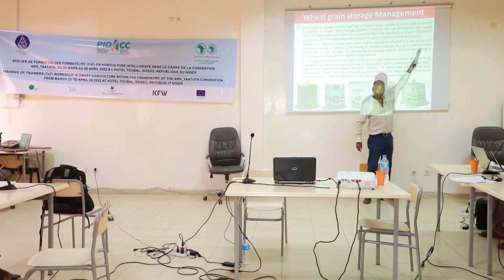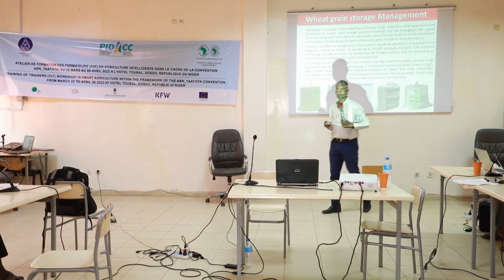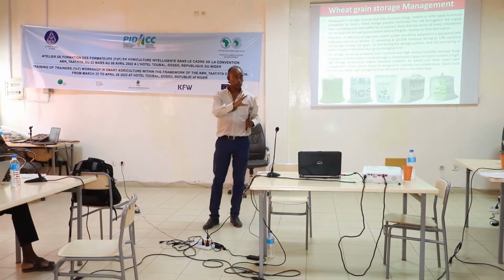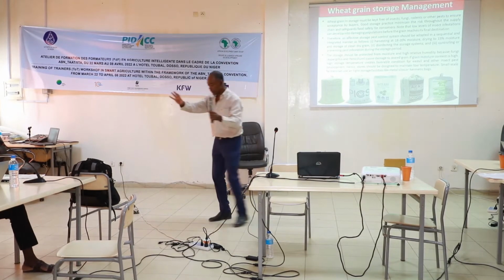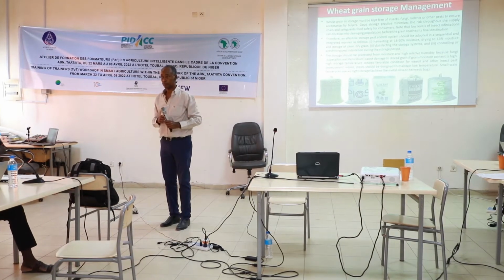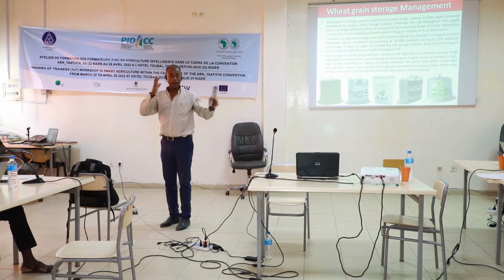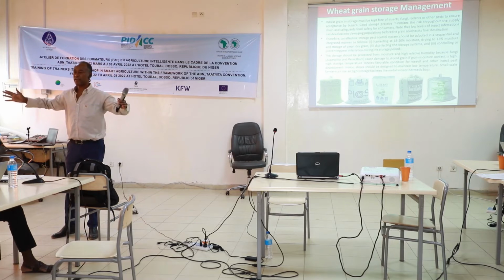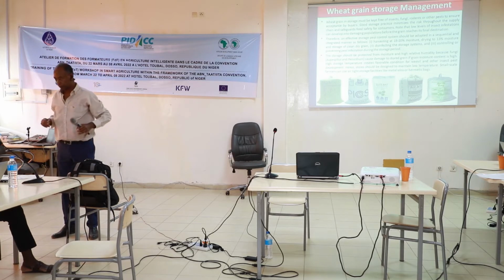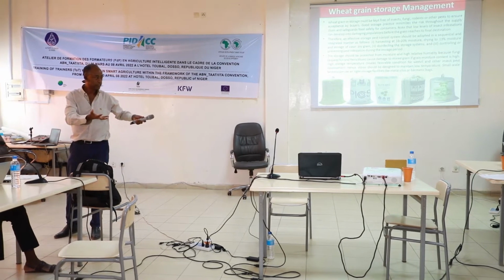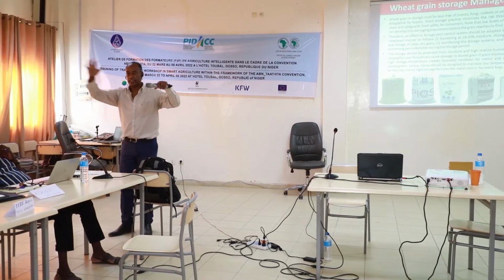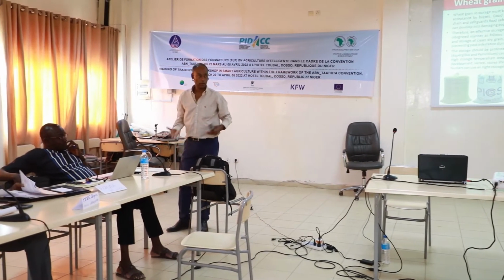Dry to 13% moisture before storage. We cannot store what we harvest immediately in the storage. No. We have to take it and dry it. And drying is very easy: expose it to the sun. Or if it is from a combine harvester, we don't put it immediately in the container.